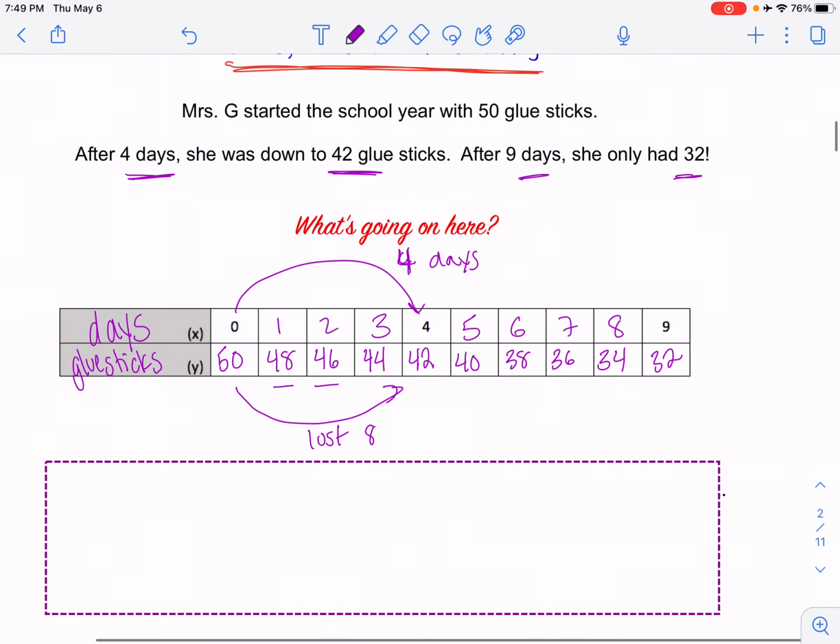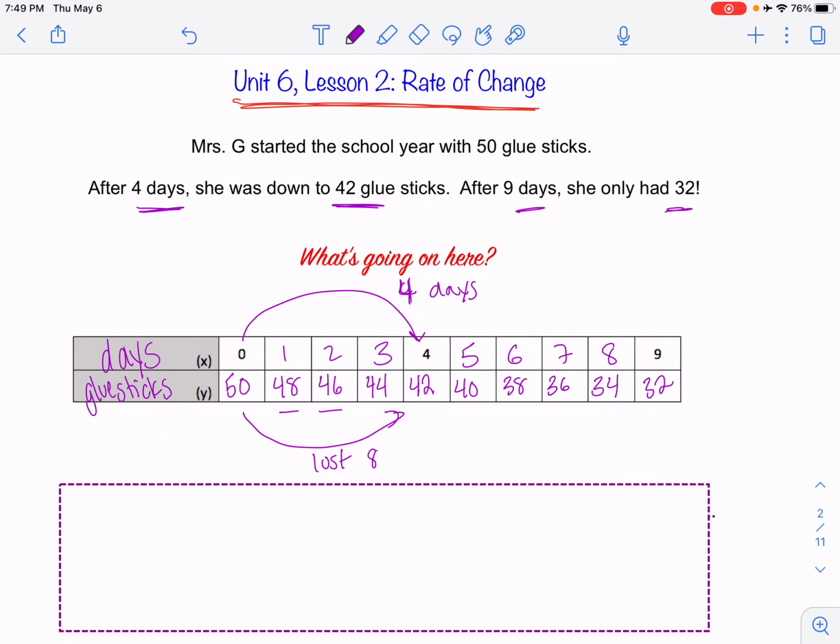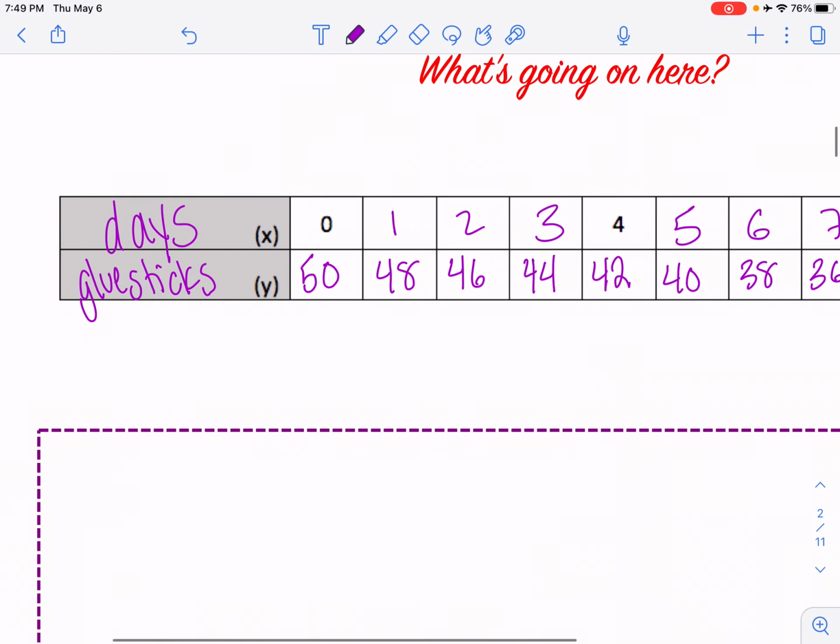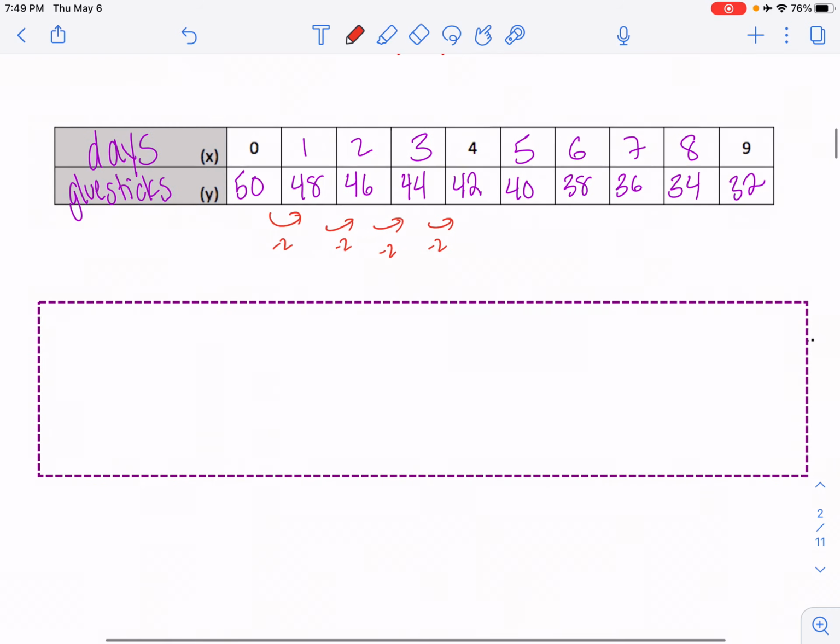Okay, so our concept today is this idea of rate of change. The rate of change is really just a fancy math term for how my pattern is progressing. The rate of change for this question is -2. For every 1 day, I lose 2 glue sticks. Let's write that down.